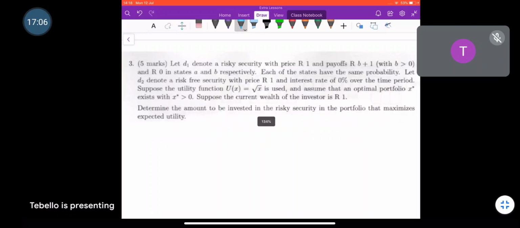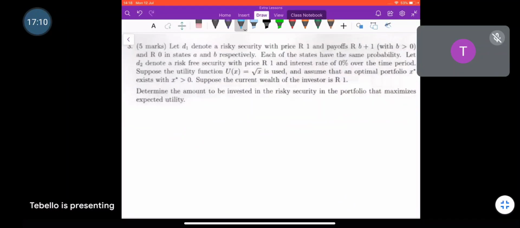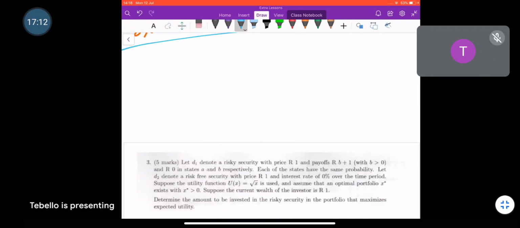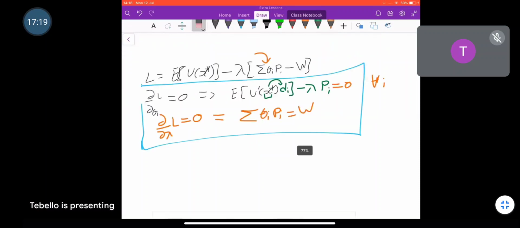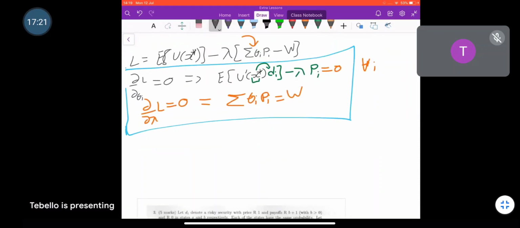Question? Hi, Isabella. Yes. I just have a question on the formula. In the textbook, that x, which is the x star, that's the expected utility of final wealth, isn't it? Is that correct?